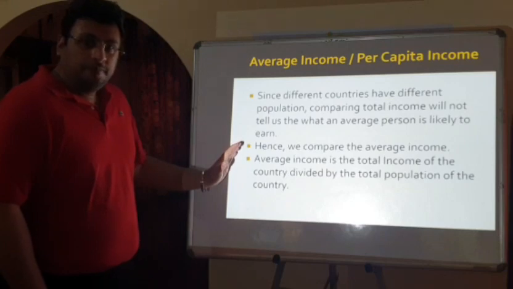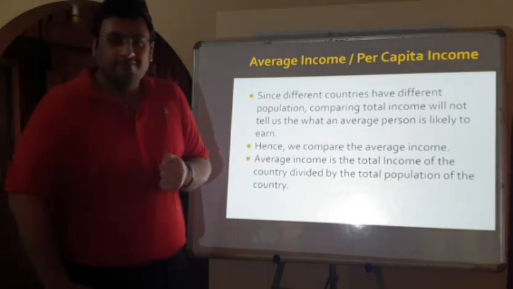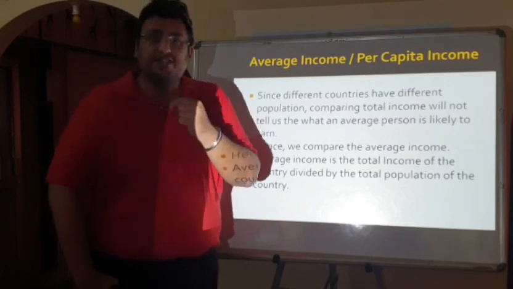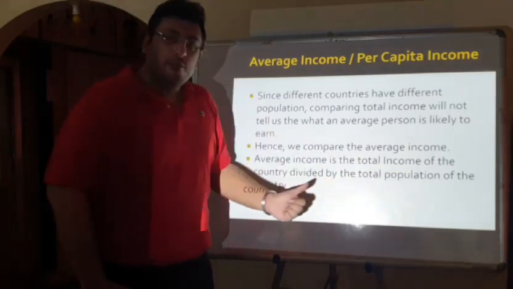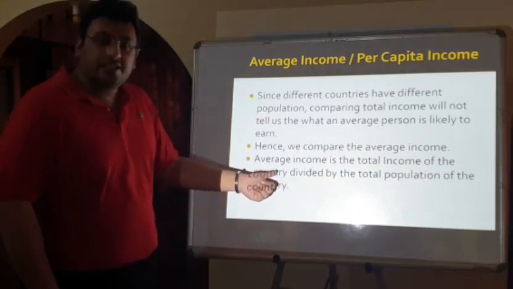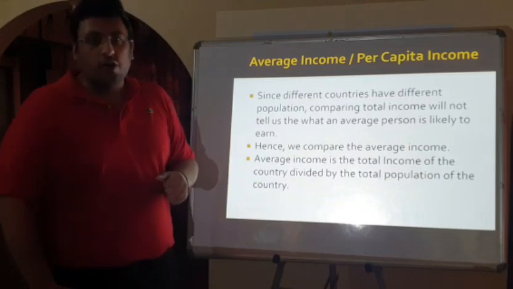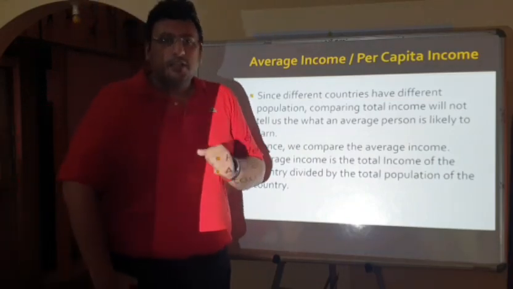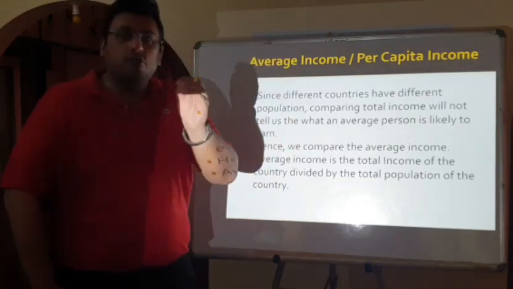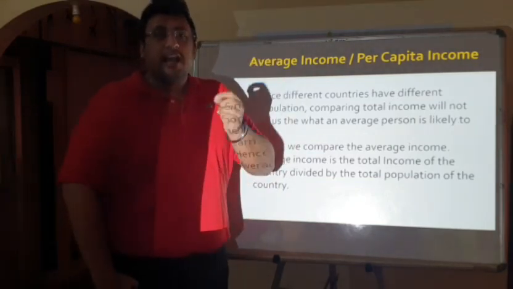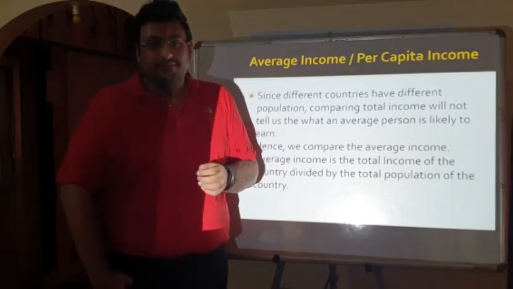What is average income? It is very simple. Average means per person. Per capita means per person. Therefore, average income is the total income of the country or the state divided by the total population of the country or the state. Let us say India has a total income of 200 crores and a population of 2 crores.